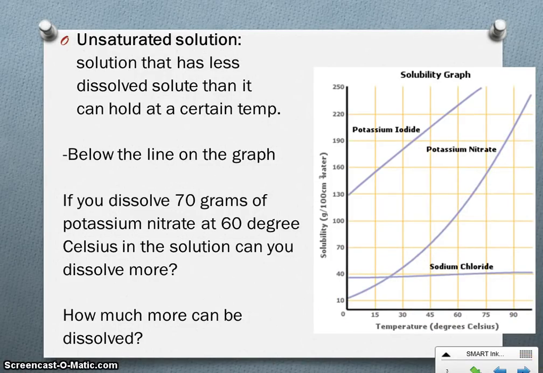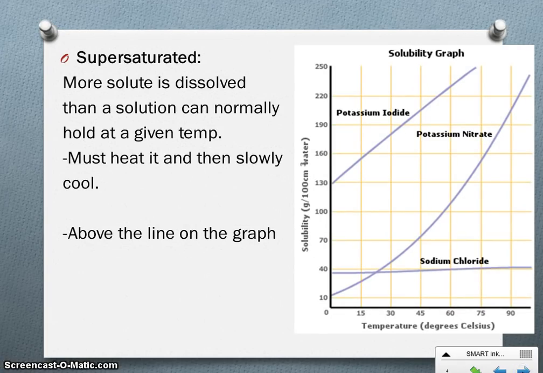Okay, the third instance that could happen is you could have a supersaturated solution, meaning that it's actually holding more than it normally could. Now, in order to have more solute dissolved than it normally can hold, you have to actually heat that up. And we use this process a lot in making candy. So in order to get a lot of sugar dissolved into a liquid, we heat it up, and then when we cool it down, that sugar stays in solution, meaning that it's supersaturated.